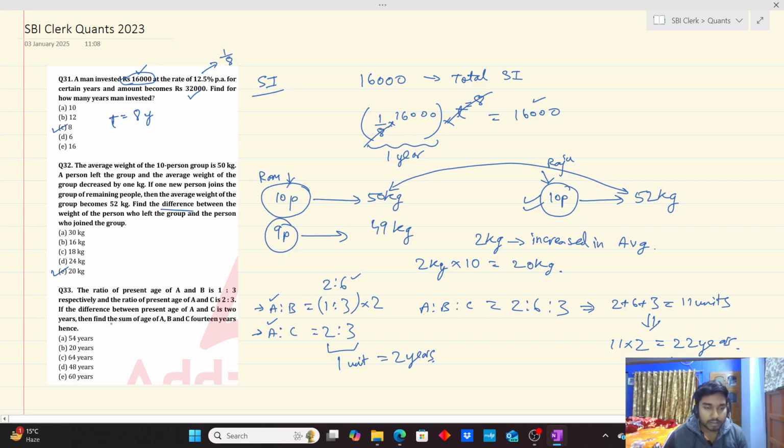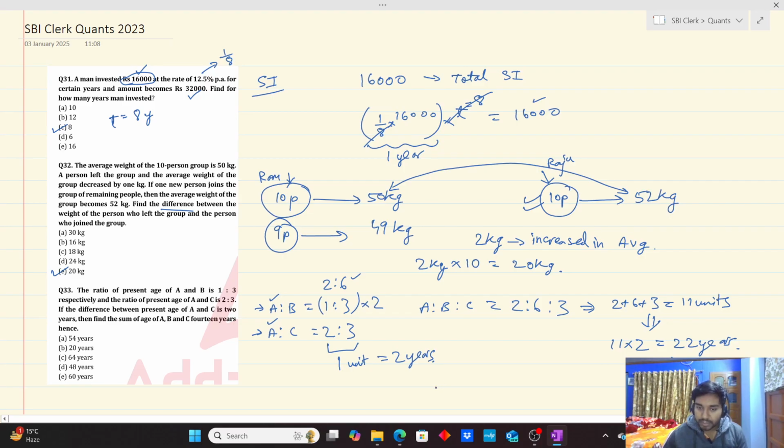We have to find the sum of age of A, B and C 14 years hence. So from this present time, in 14 years' time, each of A, B and C would have gotten older by 14 years, right?